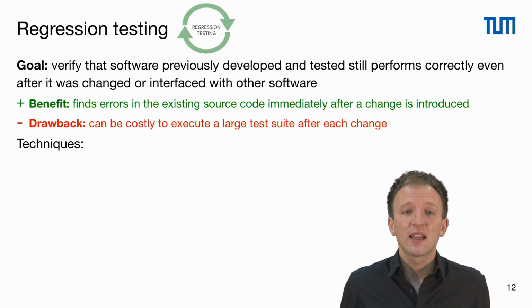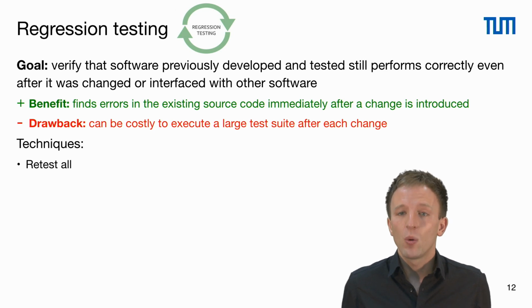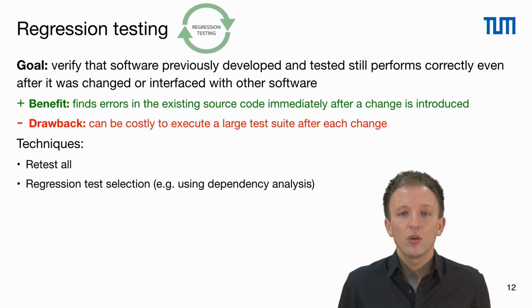So there are different techniques for regression testing. You can always retest all test cases. While this is expensive, it ensures that there are no errors due to the modified code. You can also regression test a selection of test cases. Then you only run a part of the test suite to save time and costs.